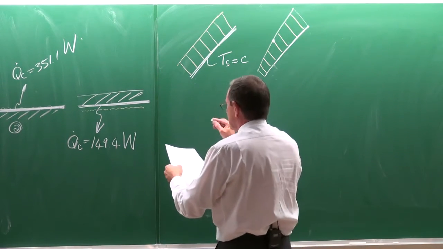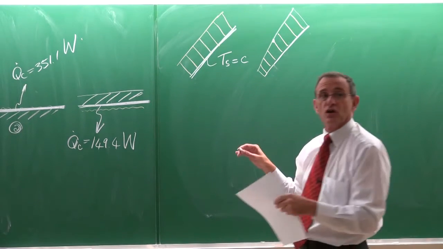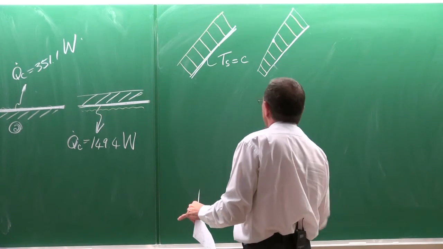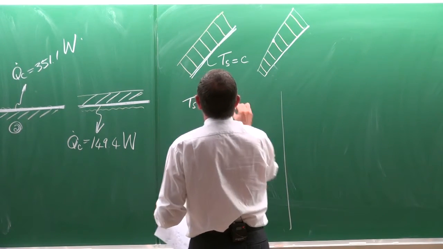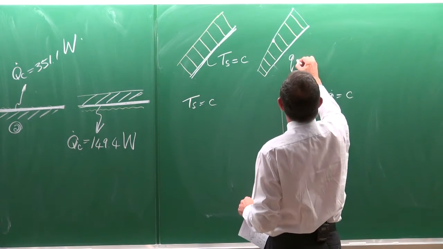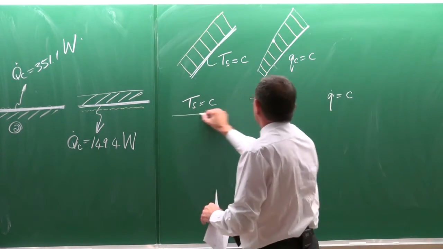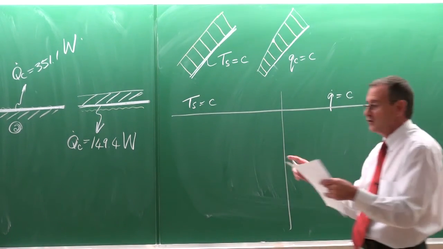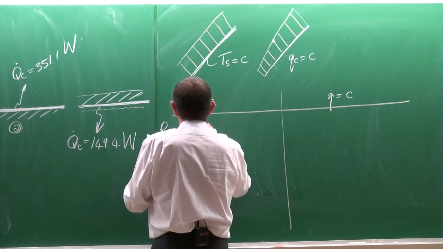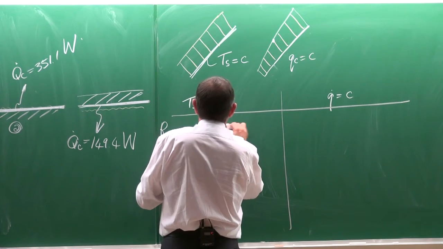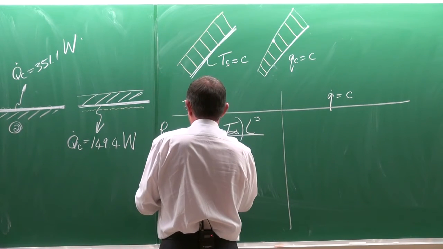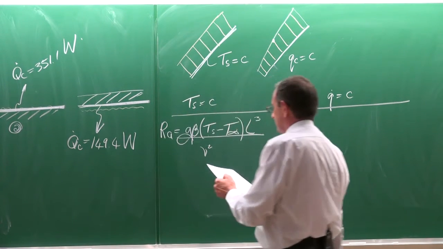But what happens here is that there are now two types of Rayleigh numbers and Grashof numbers being introduced. The first one is for the case where we've got a constant surface temperature, and the second one where we've got a constant heat flux. If we've got a constant surface temperature, we calculate our Rayleigh number as g multiplied by beta, Ts minus T infinity, L to the third, divided by the kinematic viscosity squared.